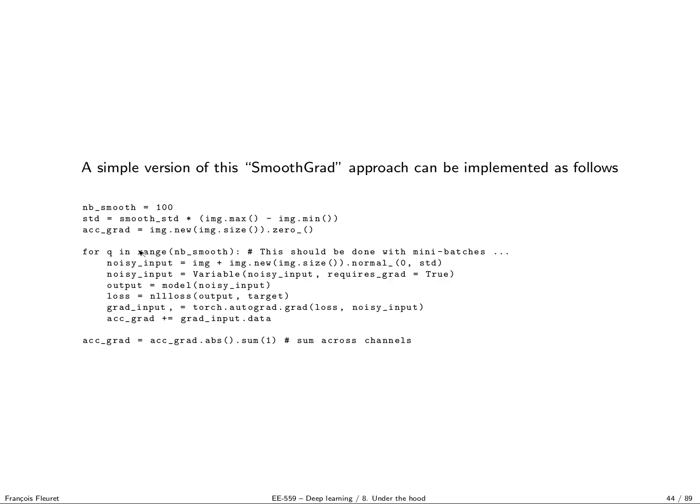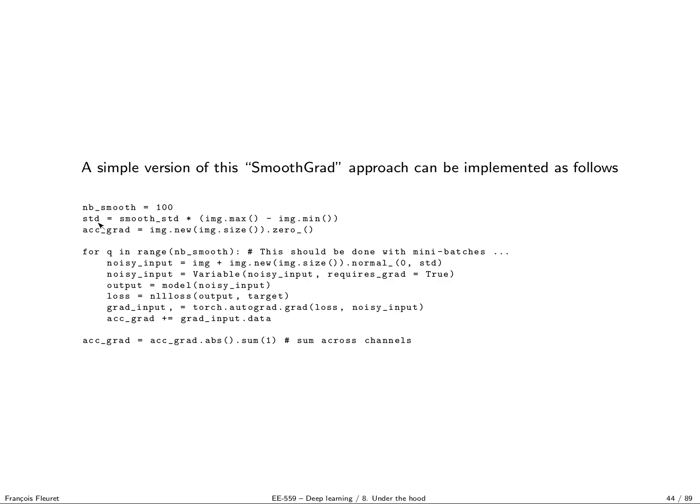Now we are going to repeat this n times, so 100 times. If it was done properly, I would have done this with mini batches, but I was too lazy. Then we create a noisy input: I take my original image and add normal noise, a tensor of the same size, mean 0, and this standard deviation.